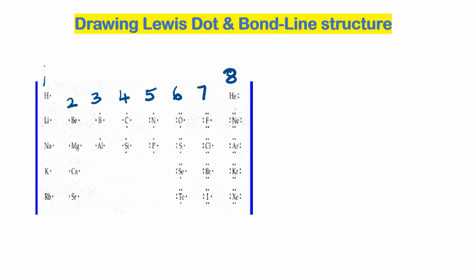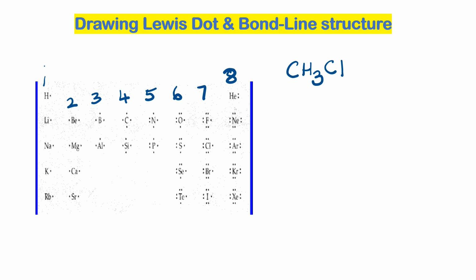Carbon has 4 valence electrons and its group number is also 4. So we put 4 electrons around the carbon, and that is the Lewis dot structure of the atom. If you consider nitrogen, the Lewis dot structure of nitrogen is 5 valence electrons around the nitrogen.